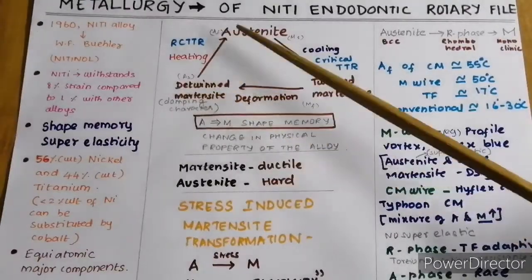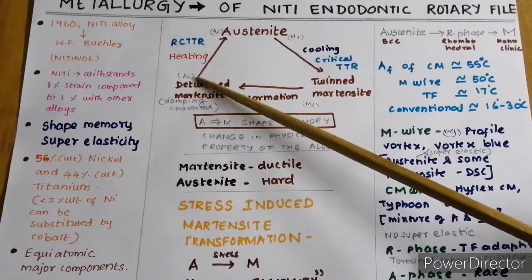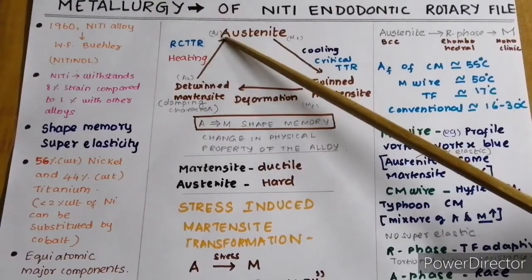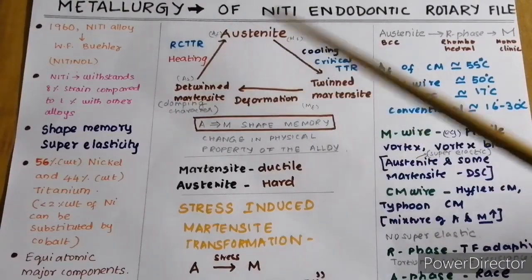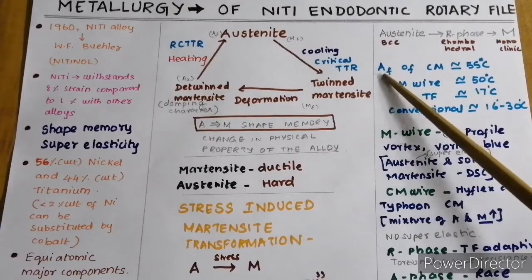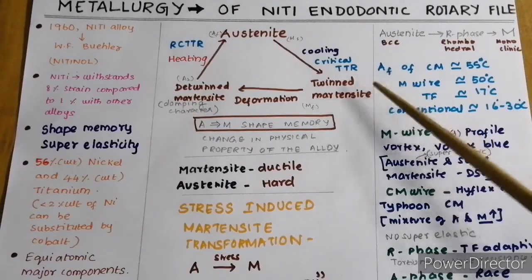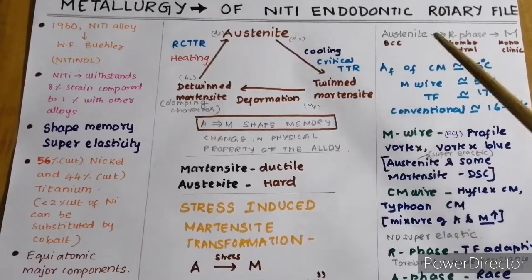Then when we start heating, austenite start phase begins and austenite finish occurs when the alloy is in austenite phase. So by the term austenite finish, we can know that the file is entirely in austenite phase. That is, it mostly has austenite phase.